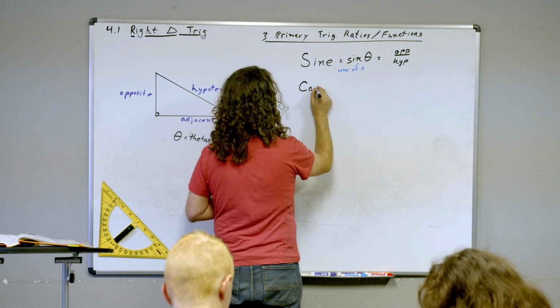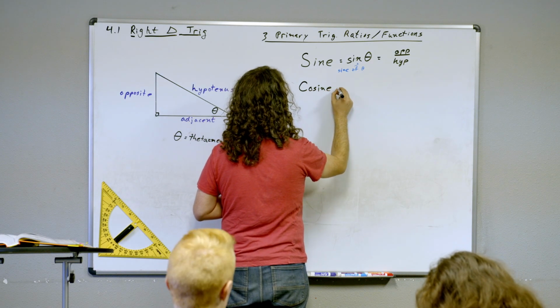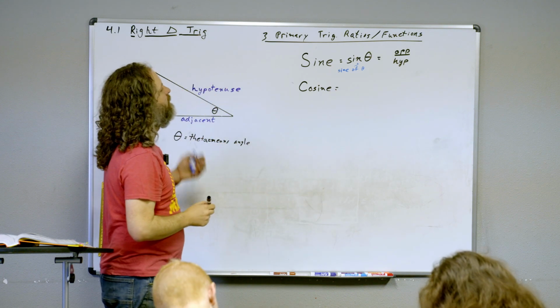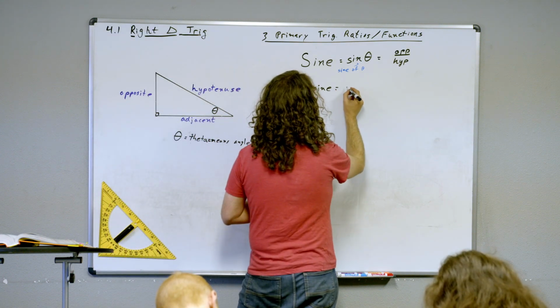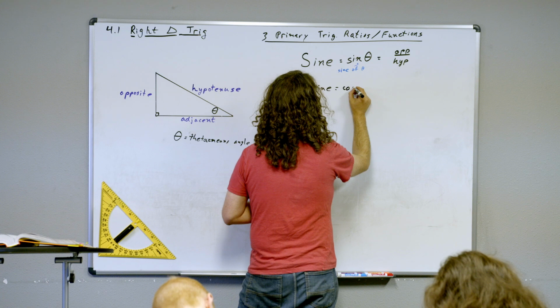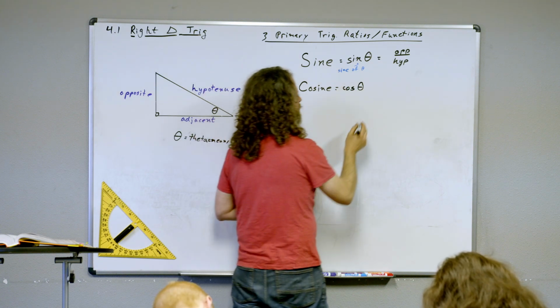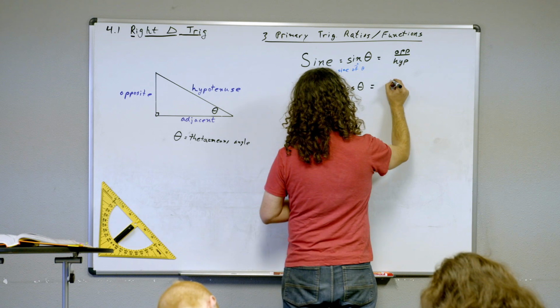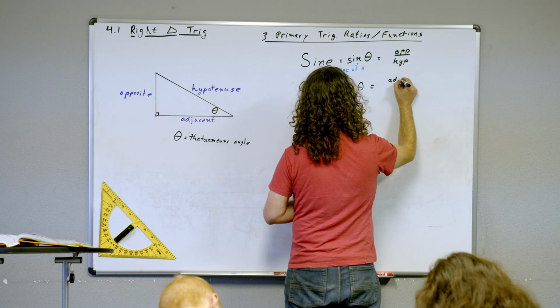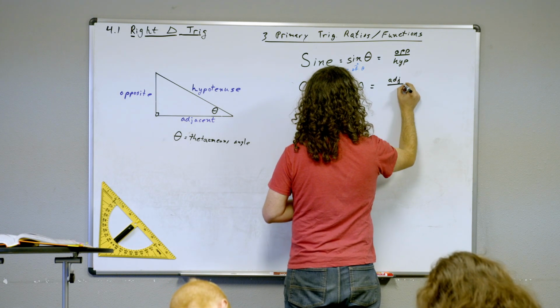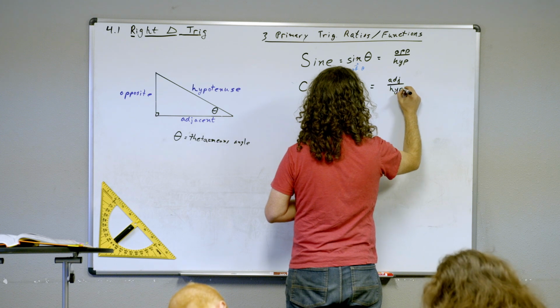Cosine is the next one, and we abbreviate it cos. So we'd say that's the cosine of theta, and that is the adjacent over the hypotenuse.